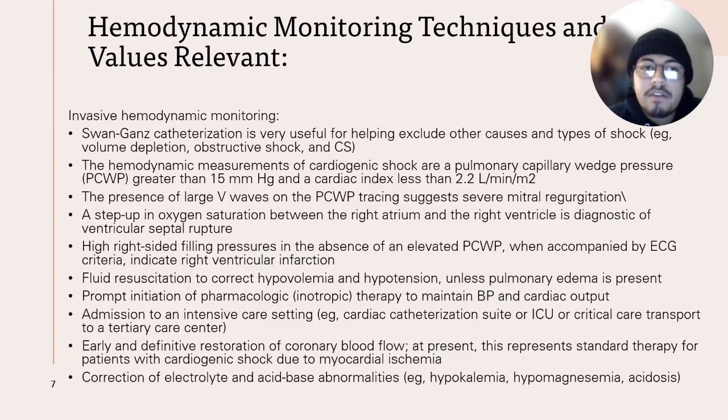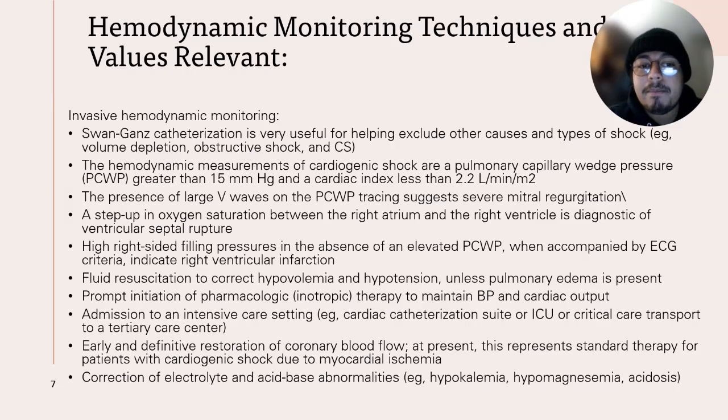So what sort of monitoring techniques can we establish to keep an eye on their hemodynamics? One would be invasive monitoring. Other than your cardiac monitors, you'd want a Swan-Ganz catheterization. It is useful for helping exclude other types of shock, such as volume depletion or obstructive shock.